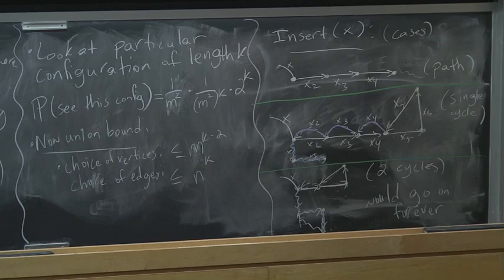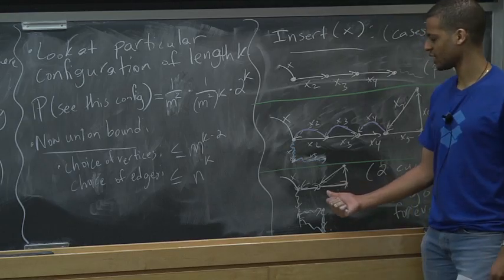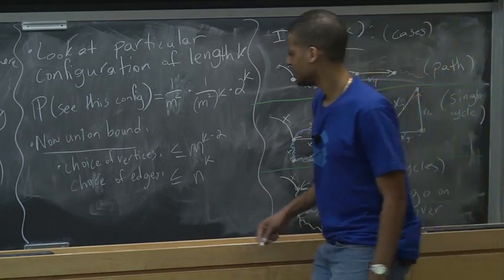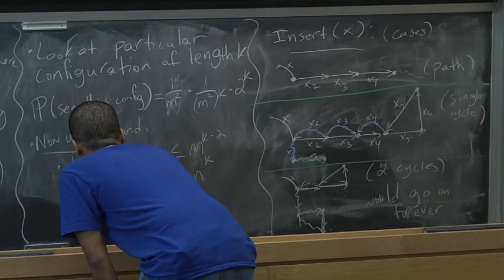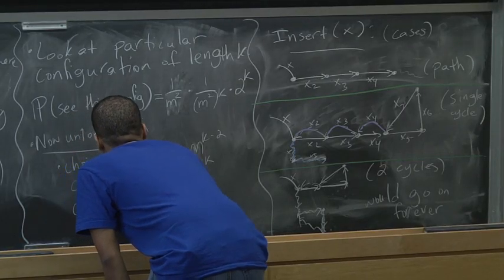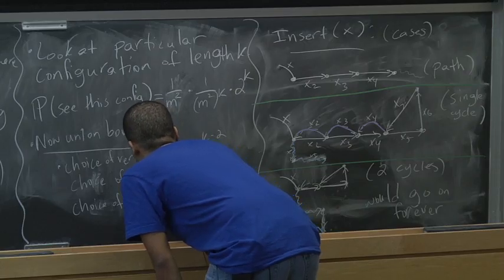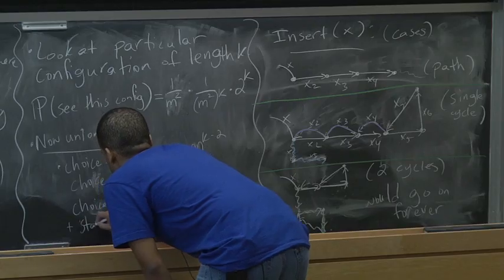And then we can also choose, so I mentioned we can choose where the first cycle starts, how long it is, and where the second cycle starts, right? So choice of lengths and starts of cycles.